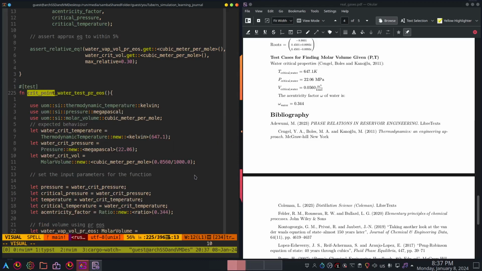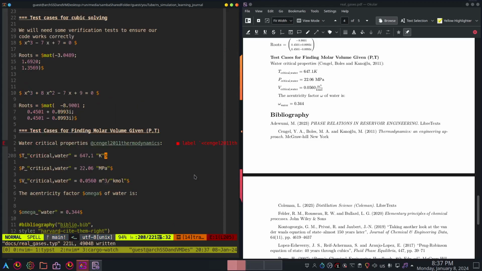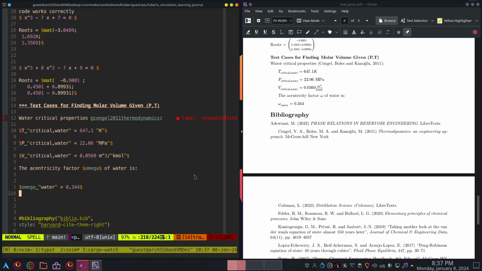Okay, superheated steam. So here's the water critical temperature, pressure, and volume. I'm going to add some things from the steam table. Let me go to types, and let's see.